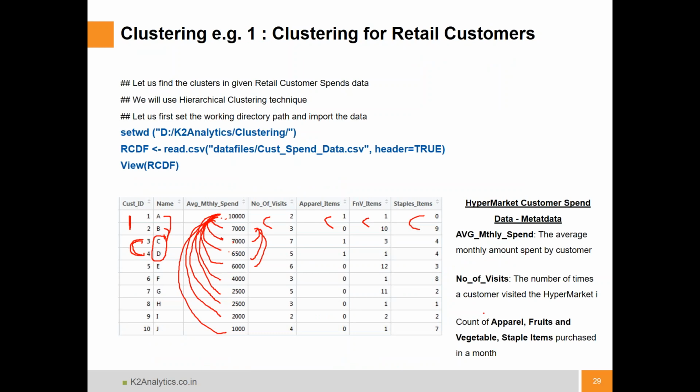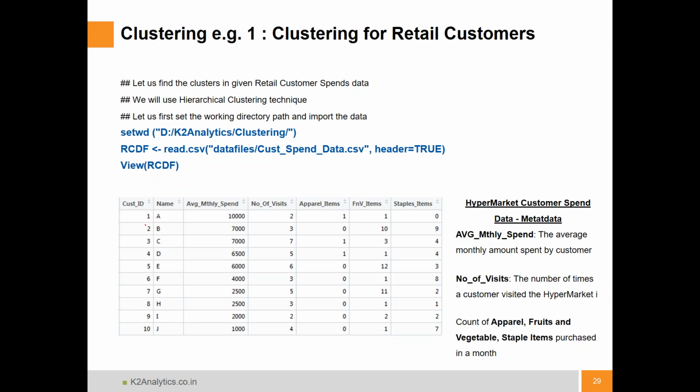Let me quickly run the hierarchical clustering algorithm. Before I run it, let me explain what the data is. I'm taking a very simple data, some 10 records of customers. This is an example from retail.